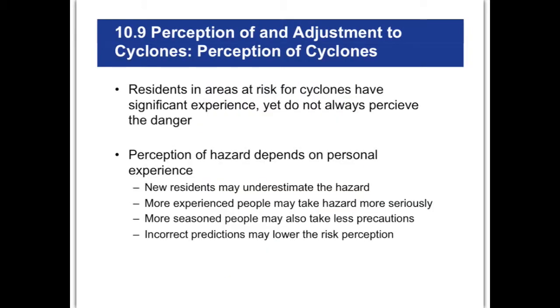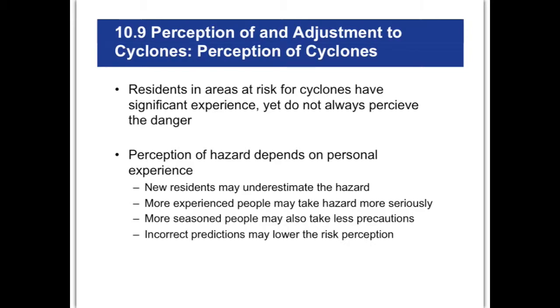Okay, so areas that are at risk for cyclones and hurricanes, the way that people respond to the risk really depends on their perception. What if you're a new person that moved into a coastal area that gets hurricanes? You may not have that experience, whereas people who do have experience take necessary precautions.